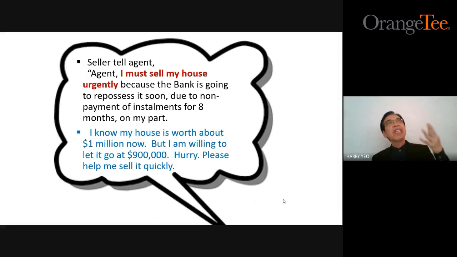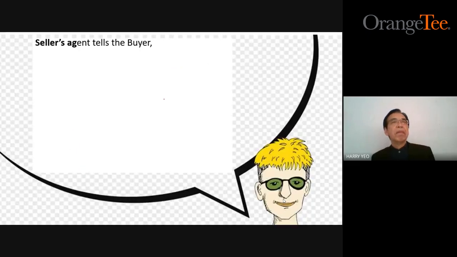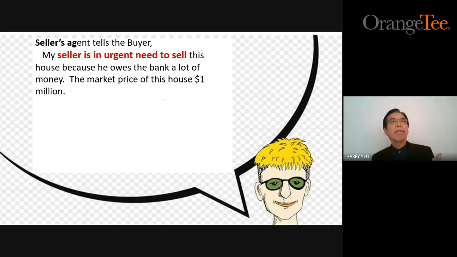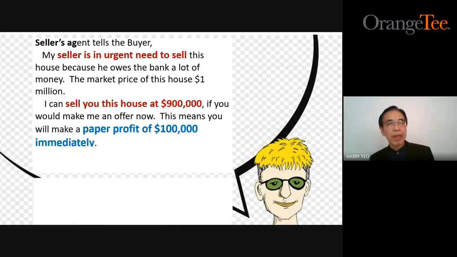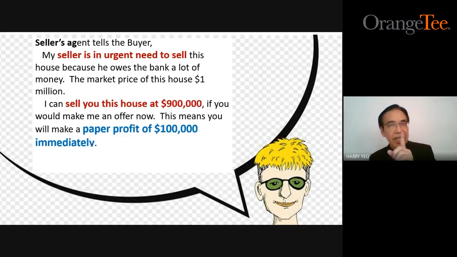So the agent advertised for sale, and then there's a buyer. And then when the direct buyer comes, the agent tells the buyer, Mr. So-and-so, my seller is in urgent need to sell the property. The market price is 1 million. You can see the recent transaction. I tell you what, I can sell you the house at $900,000.